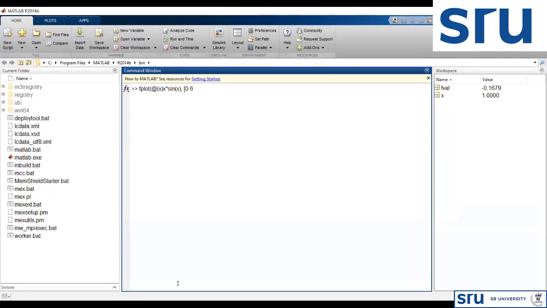This is our limit. From that we can plot it. Our graph I will show you. Again I will turn the grid on. Now our graph is plotted.